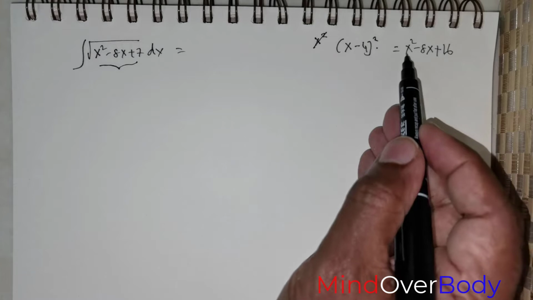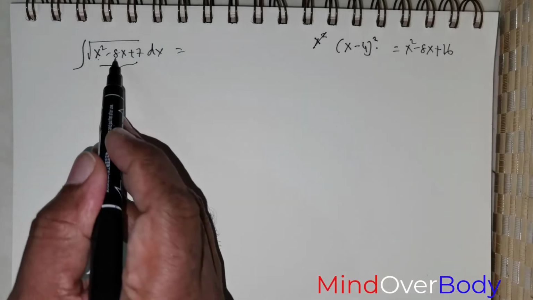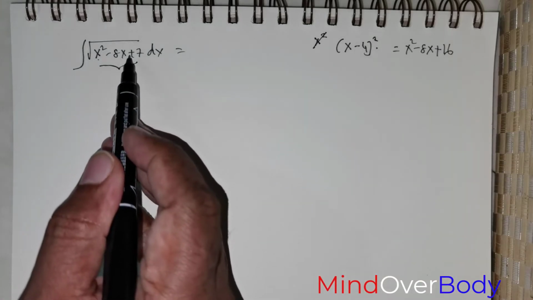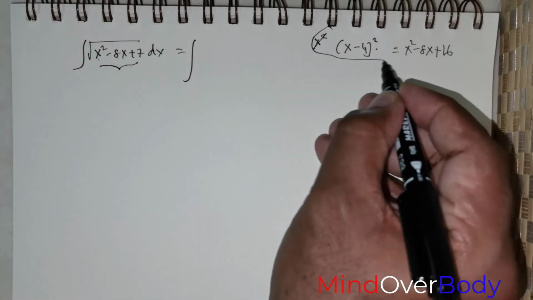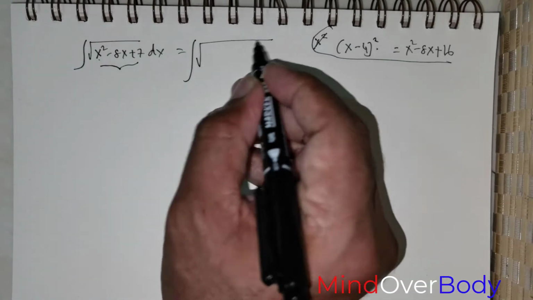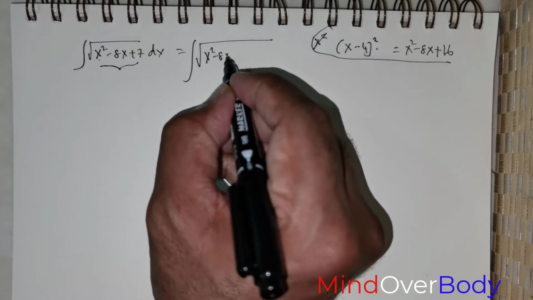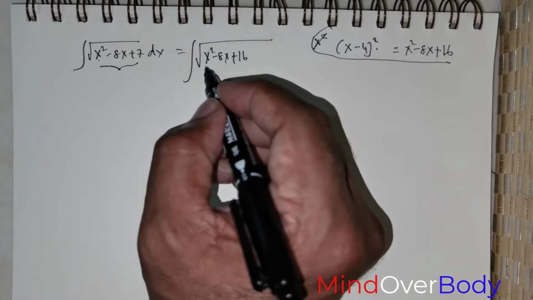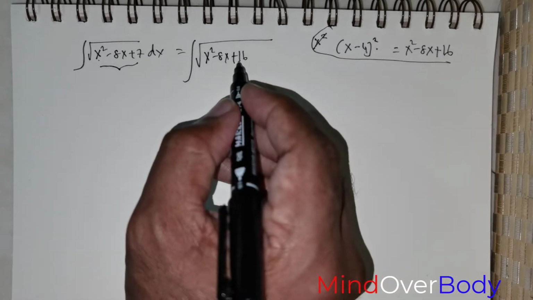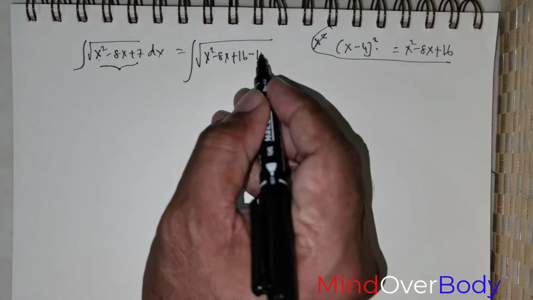Now you've got x squared here, minus 8x here, but you need to have a 16. So I will rewrite this as root of x squared minus 8x plus 16. Now I can clearly represent this with this perfect square. But 16 is added, so you have to remove the 16.